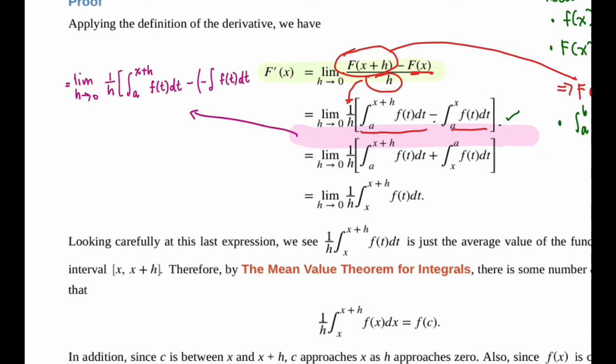Since it's negative, I have to change the bounds: instead of from a to x, I would have from x to a. If we simplify this, negative and negative becomes positive. So that's why we have the third line.